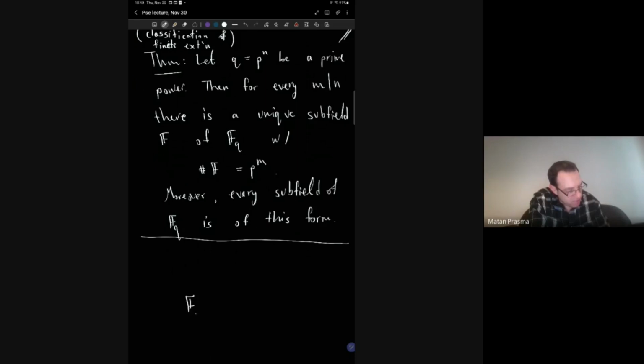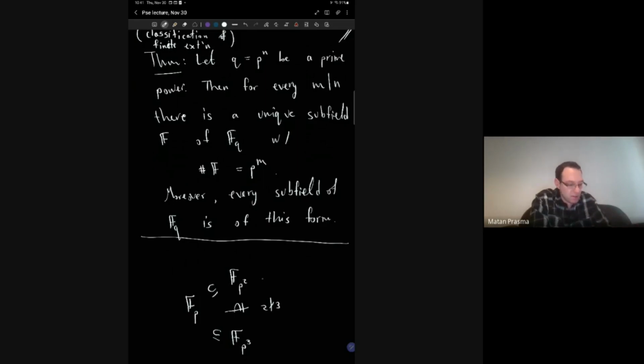So what the statement tells us is, you can view it this way. I start with F_p. Then I could extend it to F_p squared, for example. And I could also extend it immediately to F_p cube. But I don't have an inclusion here because 2 does not divide 3.